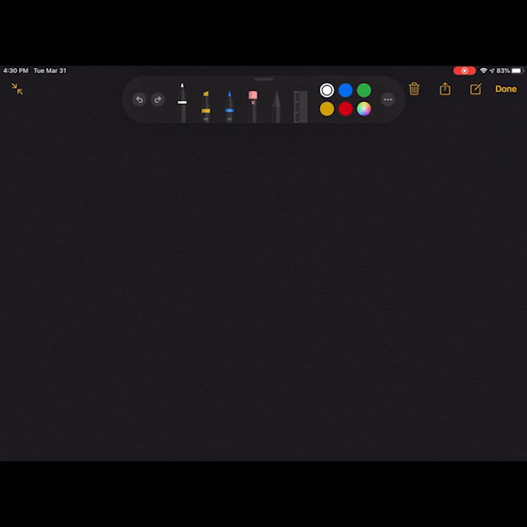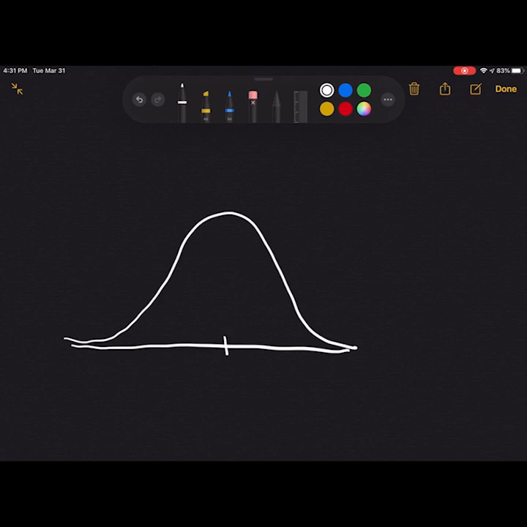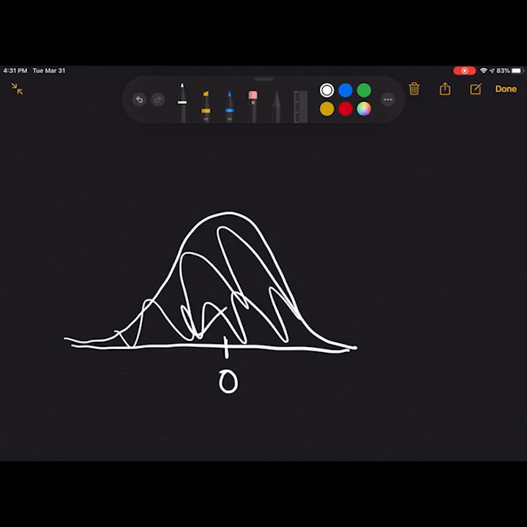And what a normal curve is, I'm going to draw it right here, and it's just a regular bell curve. For all of these normal curves, the mean, which is the middle of the curve, is always going to be 0. The area underneath the curve is always going to be 1.